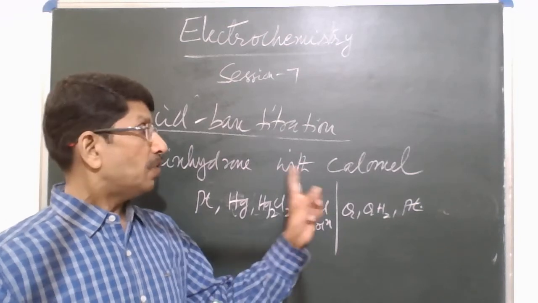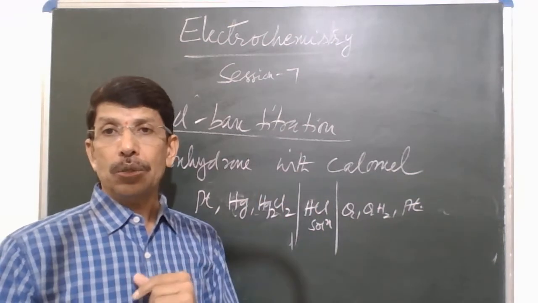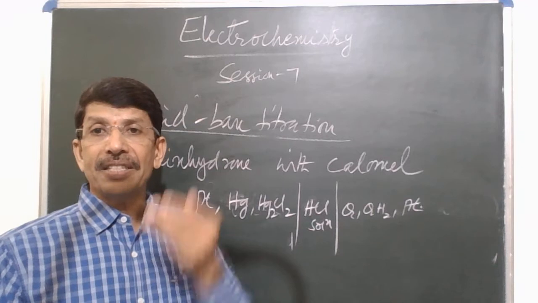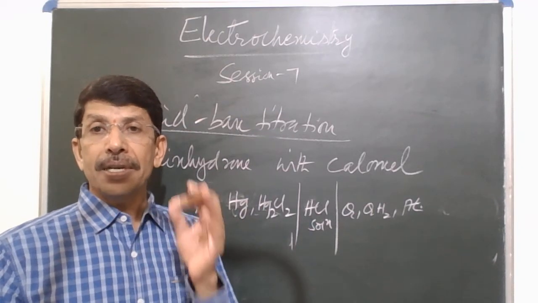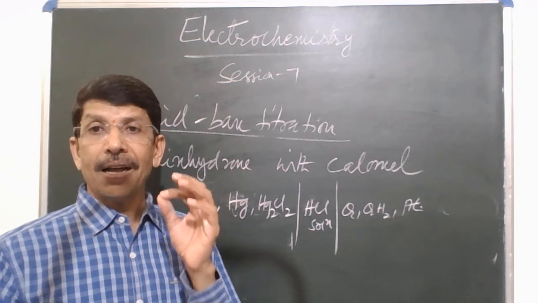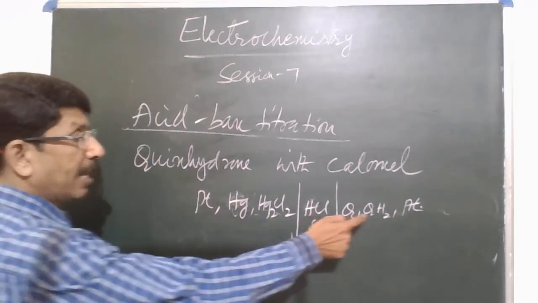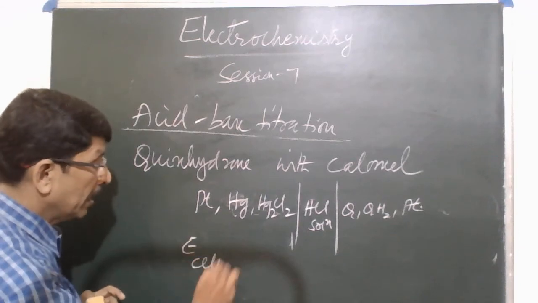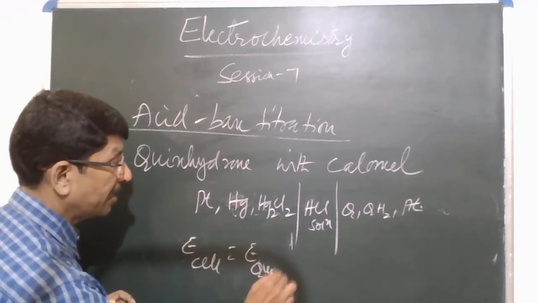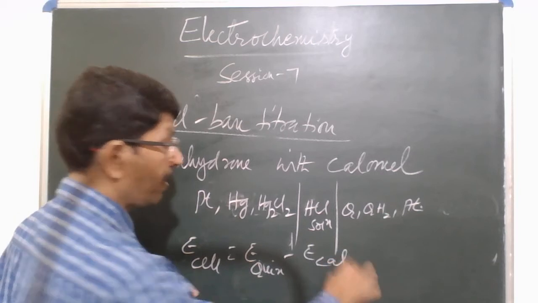Now let us see what happens to the EMF when we use the quinhydrone electrode in the titration of HCl against NaOH. Does the EMF decrease or increase? Since the calomel electrode acts as the anode here, E cell is equal to E quinhydrone minus E calomel.